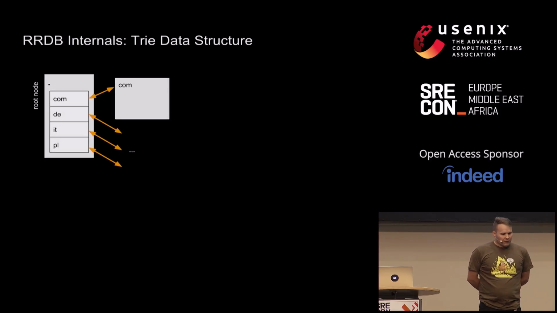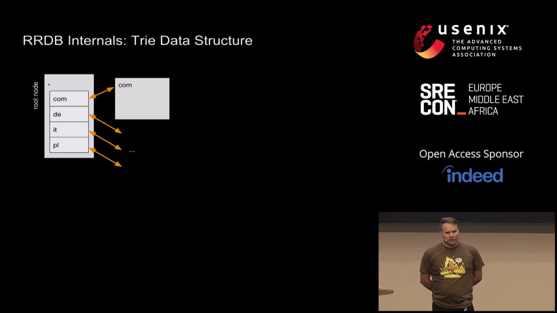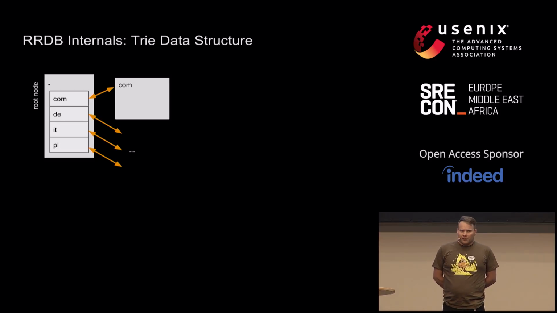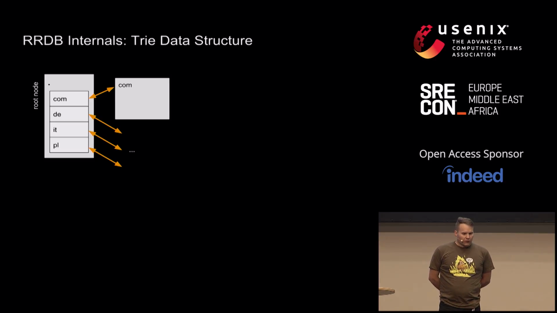And in a Trie, you have a root node, and that root node can have pointers to other nodes, and those pointers are named. And DNS is basically the same. You have the root label. It's not called node, but it's called label in DNS. But other than that, it's basically the same. It's a hierarchical system. So we have the root node.